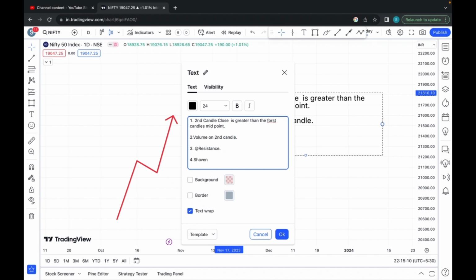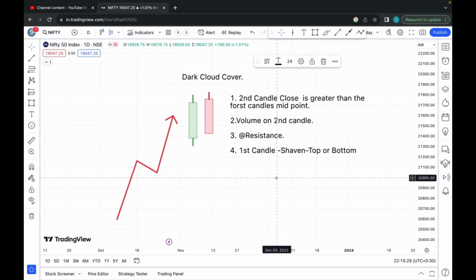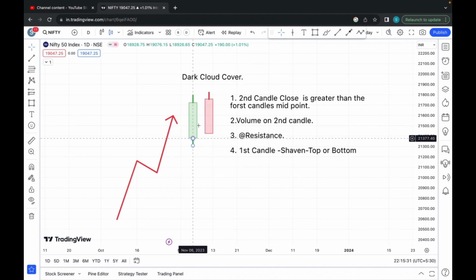And your next point is the shaven first candle, shaven top or bottom. If you have wicks, it is a normal candle.